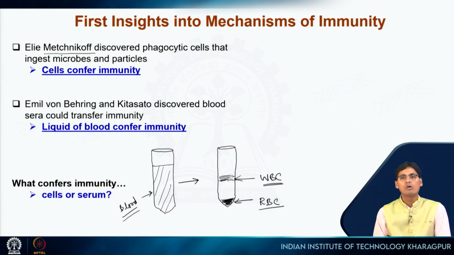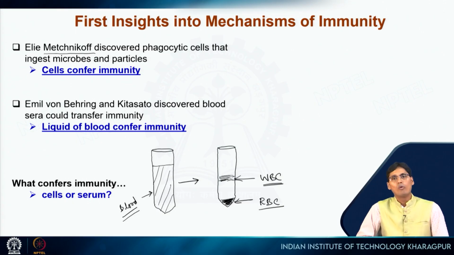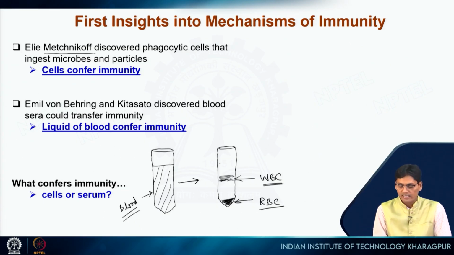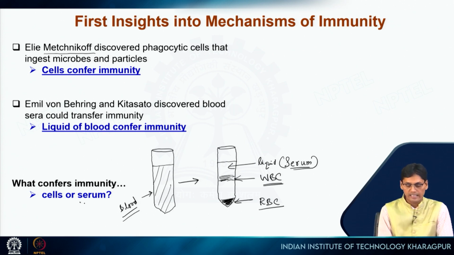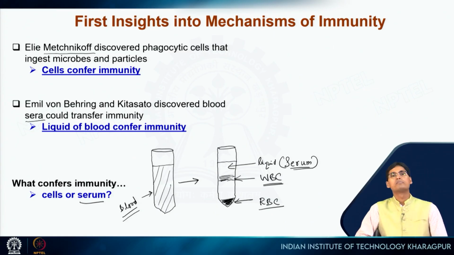At that speed, only the RBC settle at the bottom. White blood cells are mostly the immune cells present in our blood. And on top of that, you have this liquid. This is serum. Whatever I am saying, serum or sera, is the same thing.